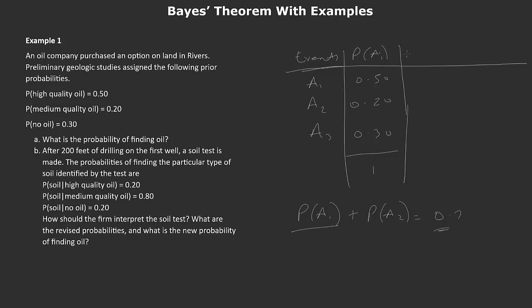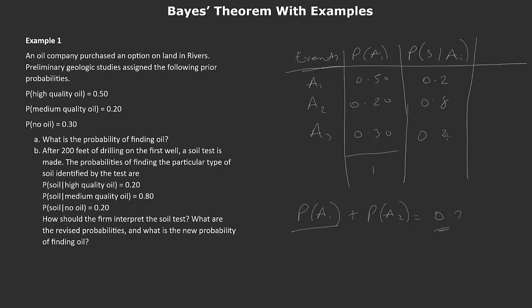From history, they know the probability of finding that particular soil, given that this particular oil event occurred, is as follows. This is the likelihood. I'm going to throw more light on the 0.2, 0.8, and 0.2.